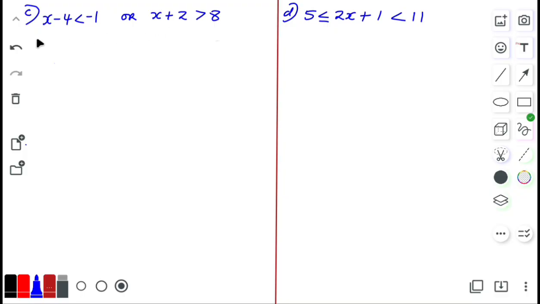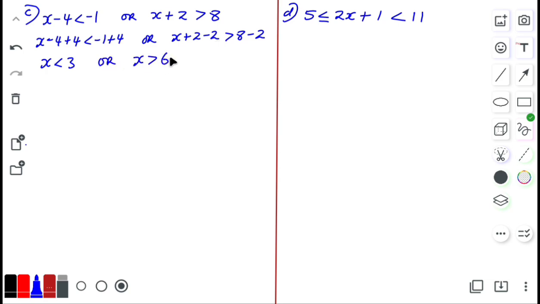So we have x minus 4 plus 4 less than minus 1 plus 4, or x plus 2 minus 2 greater than 8 minus 2. So here we're going to have x less than 3 or x greater than 6.